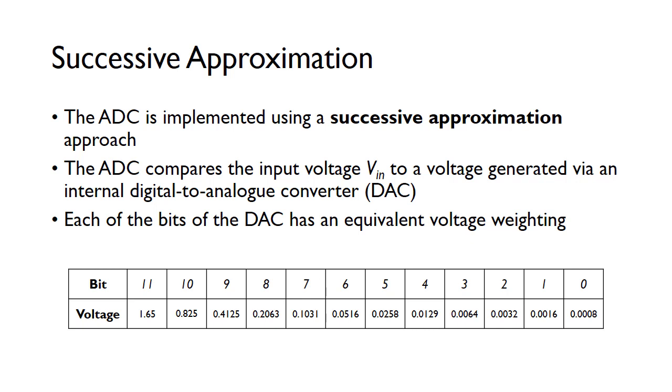You can see here, bit 11 essentially corresponds to 1.65 volts, so that's half. If V is equal to 3.3 volts, that's V over 2, V over 4, V over 8, and so on, and we get down to our resolution, the smallest resolution we can get.